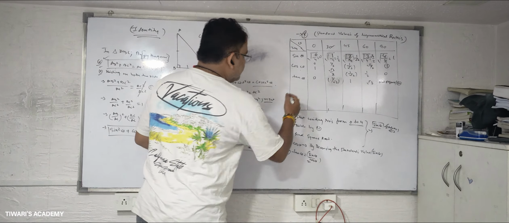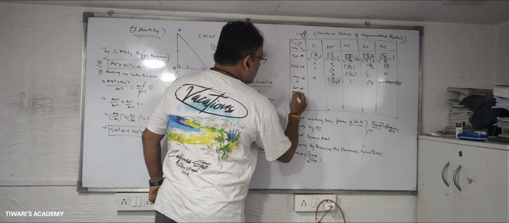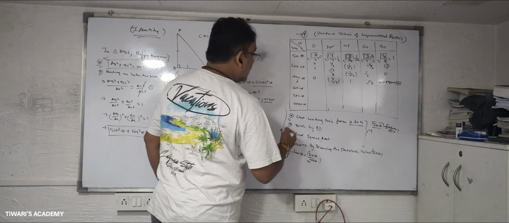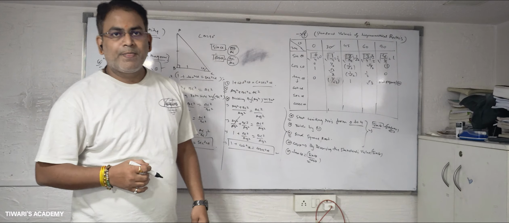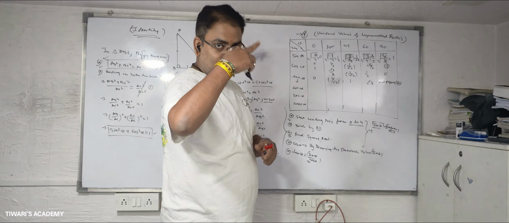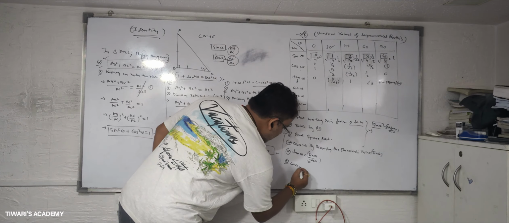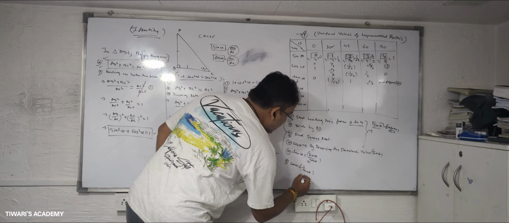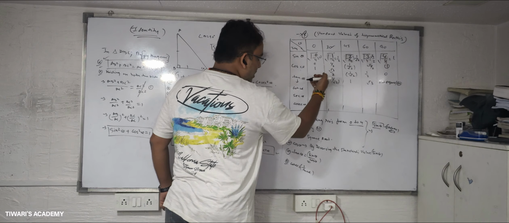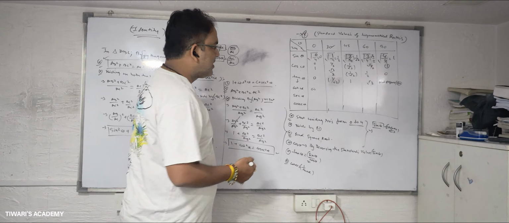So after tan theta we'll do cot theta, sec theta, and cosec theta. Cot theta is 1 upon tan theta, that's the reciprocal. So 1 upon 0 is infinite, not defined.